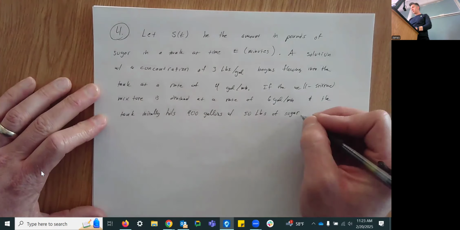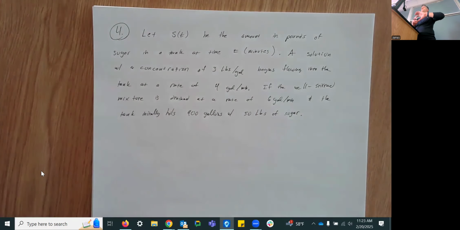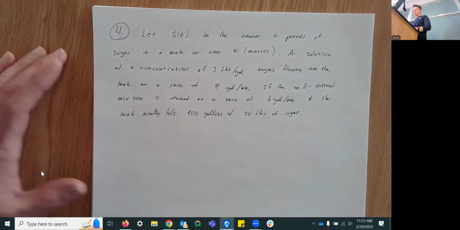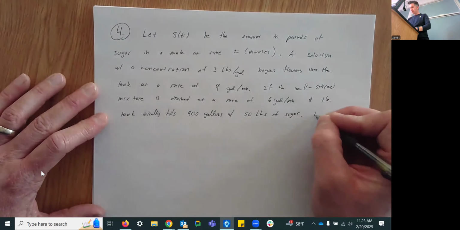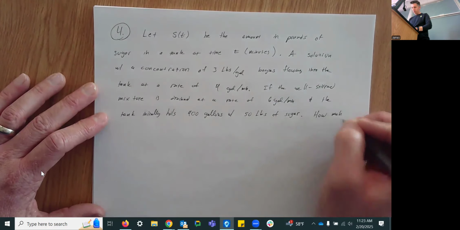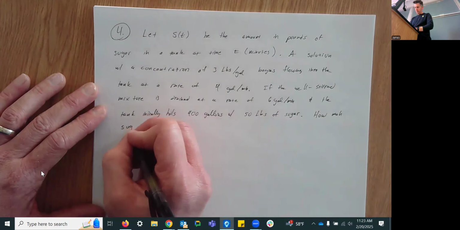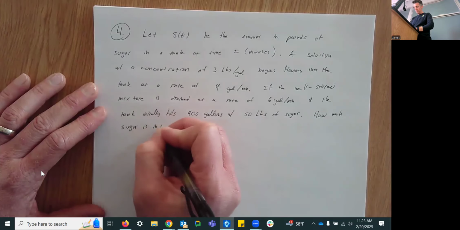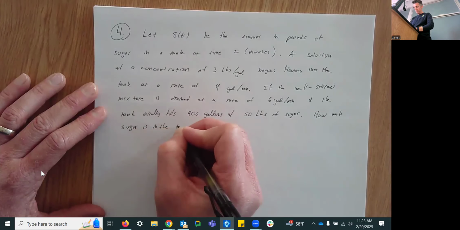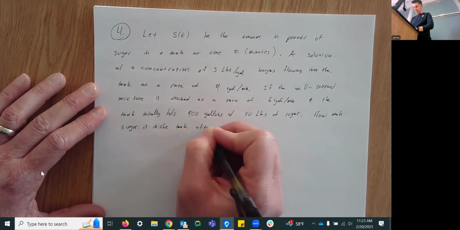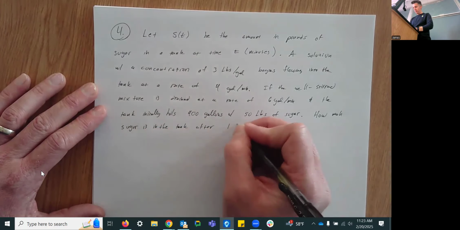So the most typical way someone might ask this question is, if all this is true, how much sugar is in the tank after 1 hour?